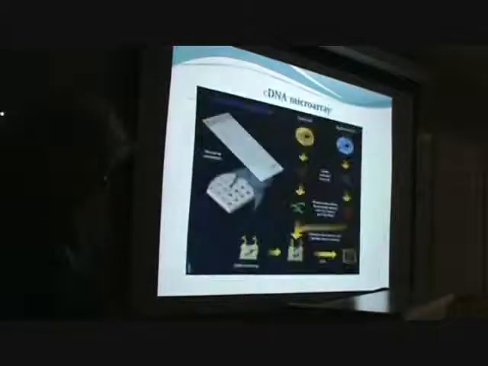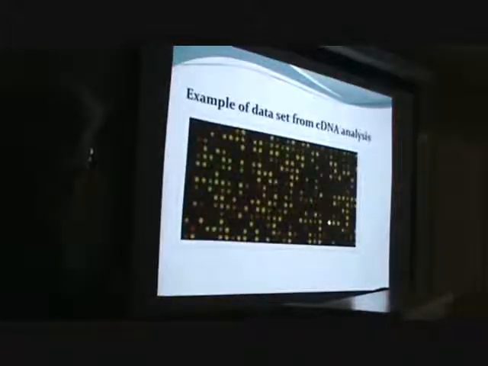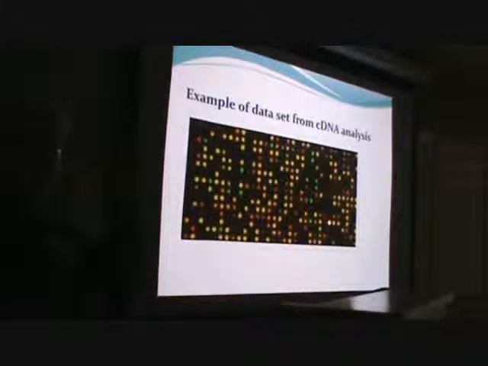If your control is green and your experimental is labeled with red, so Cy3 and Cy5, excuse me, then when the genes in question have the same level of expression, you get the green and the red, you get yellow.